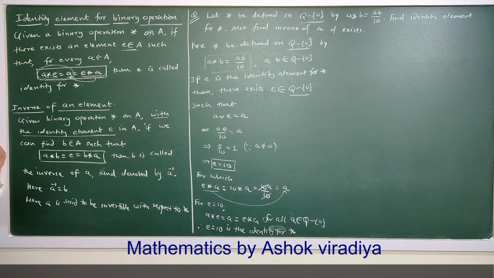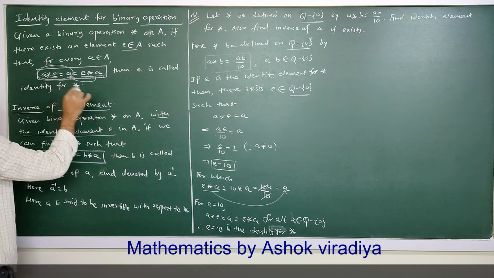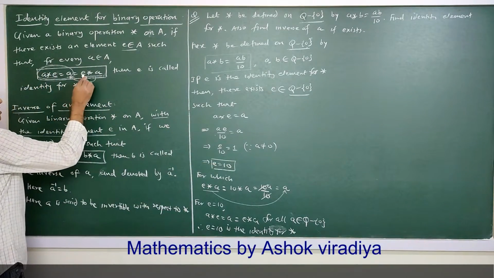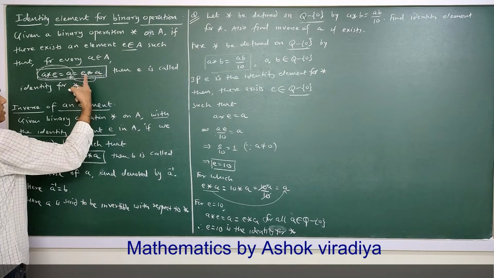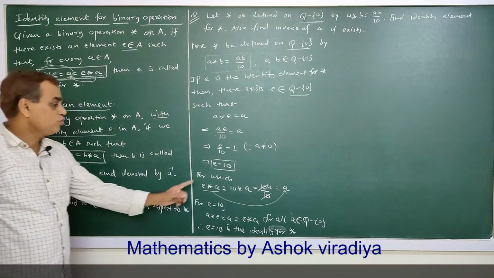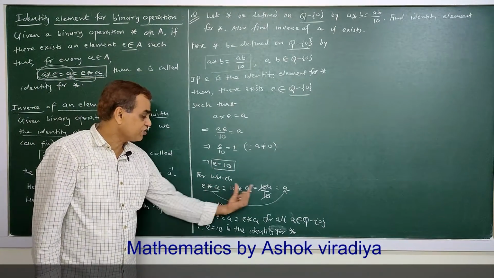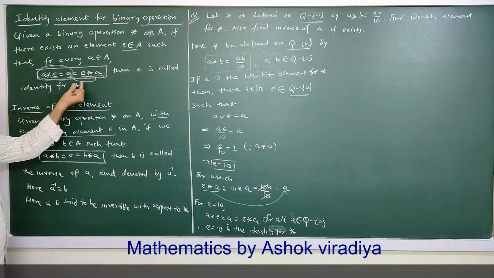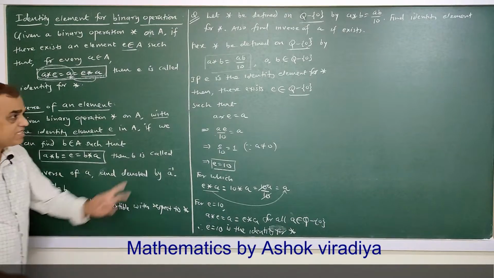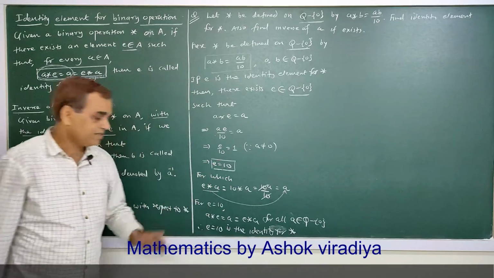Again, in this method, first of all take this part, A star E equal to A, and find E. Then take this part, E star A, begin from E star A and derive that it is equal to A for the value E equal to 10. This verification of the other part is a must. If A star E is A and E star A is A, then E is the identity.